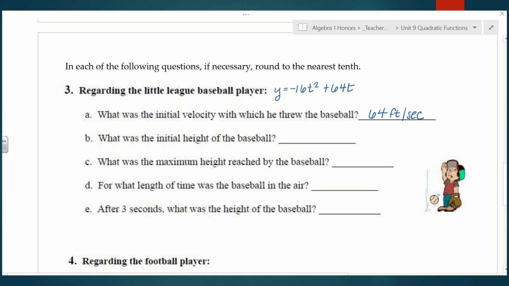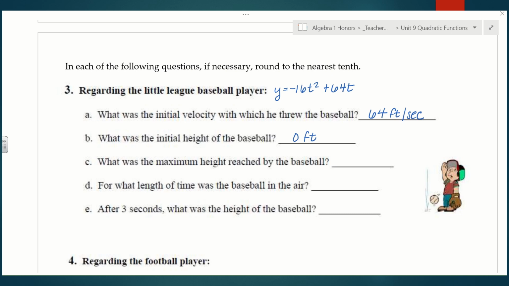The initial height of the baseball is your c term, which in this case is 0, so I would say 0 feet. The maximum height reached by the baseball. So in this case, your maximum height is going to be whatever your y-coordinate of your vertex is.